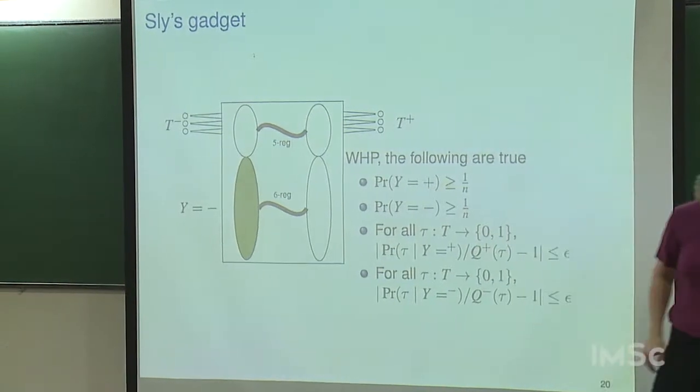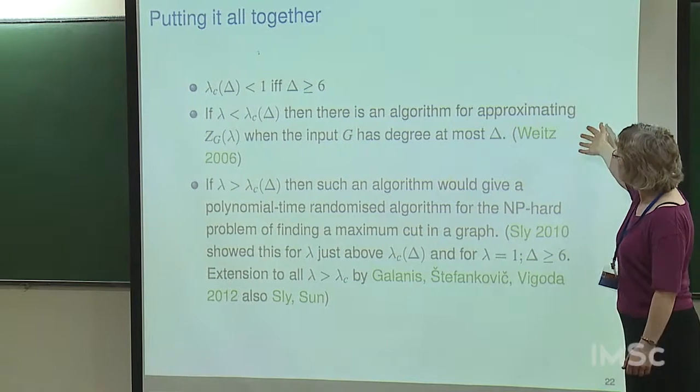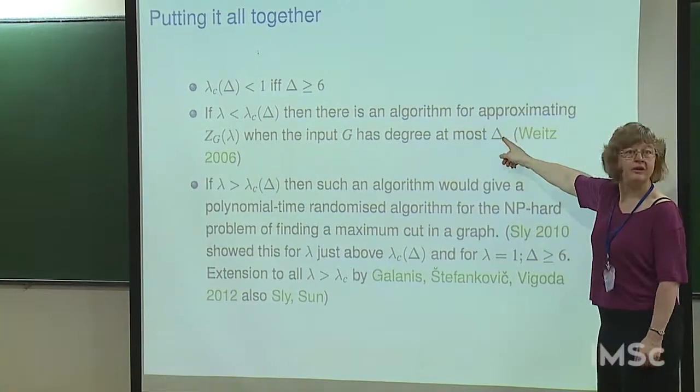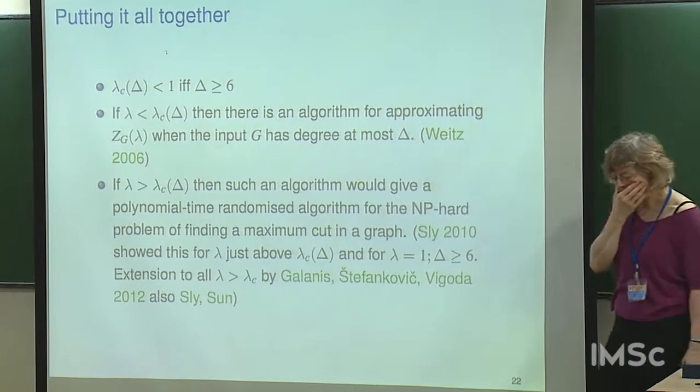So the situation then is that if you're below critical, then you can have an algorithm, and if you're above critical, then you've got hardness.